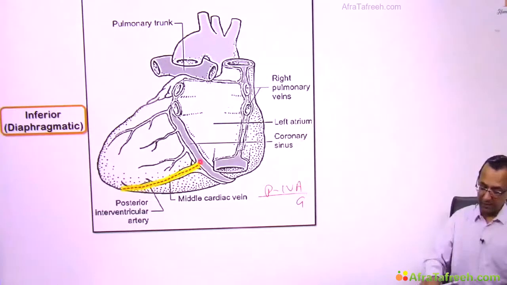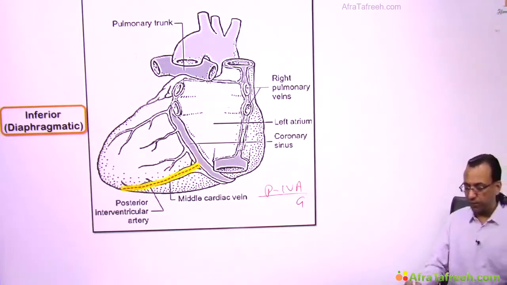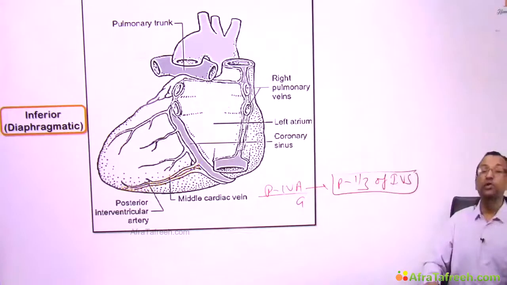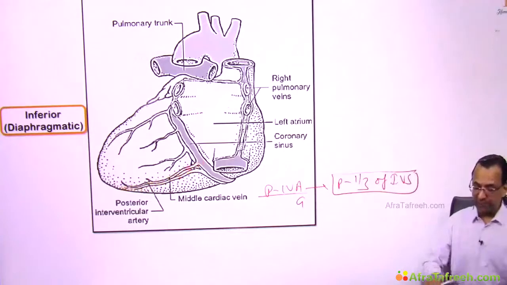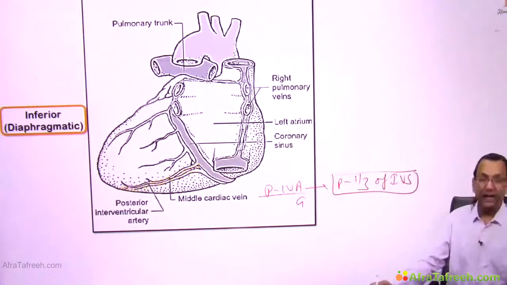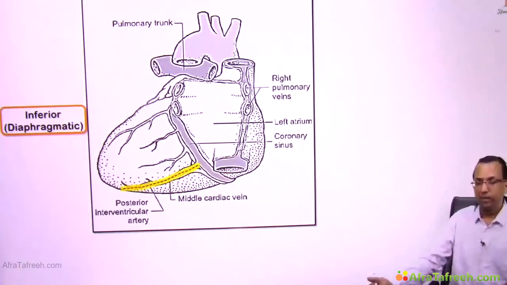Posterior interventricular artery in the posterior interventricular groove, supplying posterior 1/3 of the interventricular septum. So you're telling that this is going to be PIVA in the PIVG? Yes, PIVA in the PIVG. That means posterior interventricular artery running in the posterior interventricular groove, supplying the posterior 1/3 of interventricular septum, and is accompanied by the middle cardiac vein.